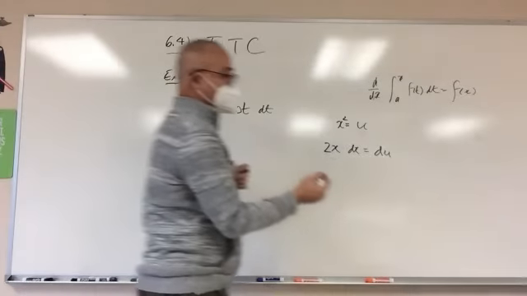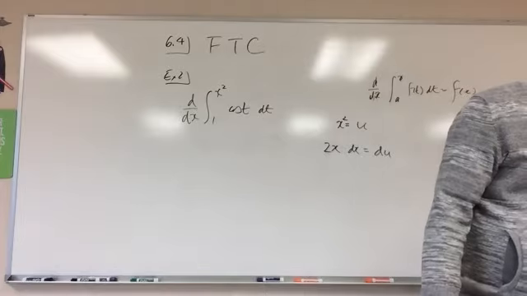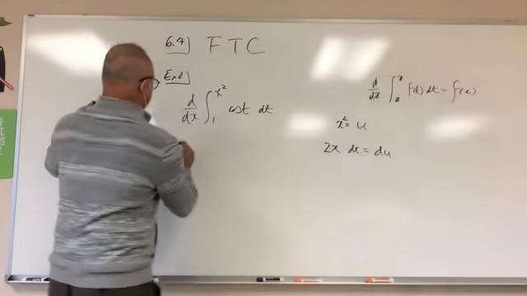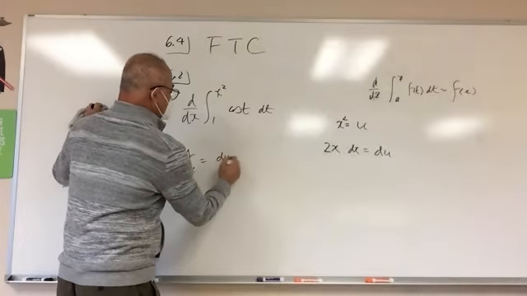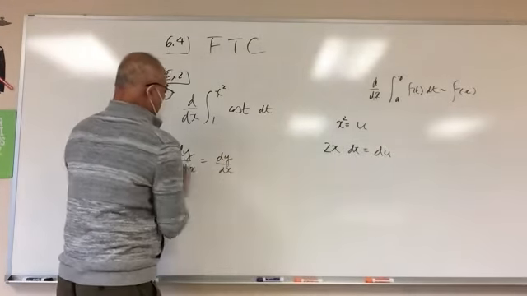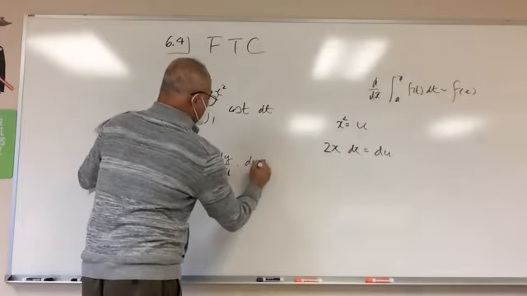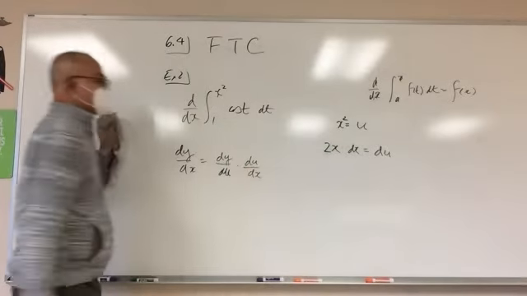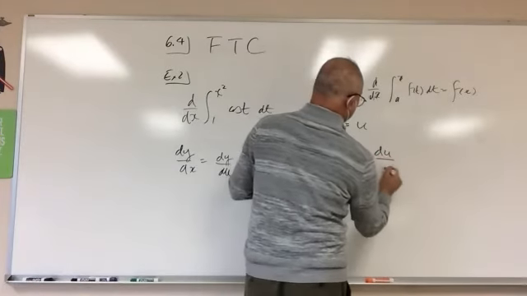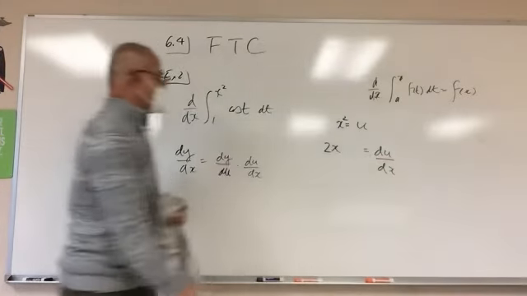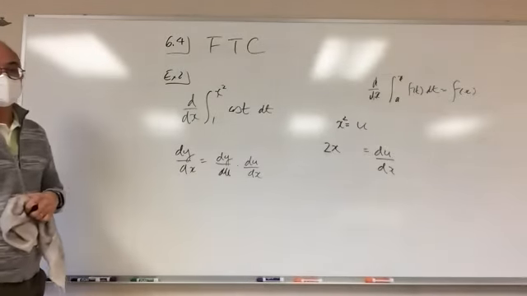What can I change that to, if I want to change that to du? So dy/dx, which is what we're trying to find, is the same as dy/du times du/dx, right? What is du/dx here? It's 2x right here, right? 2x.